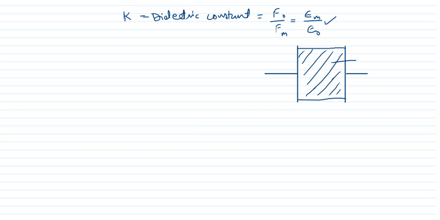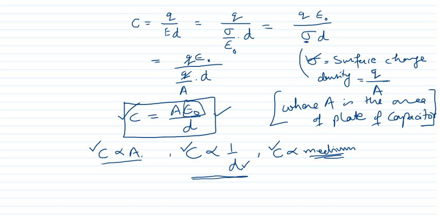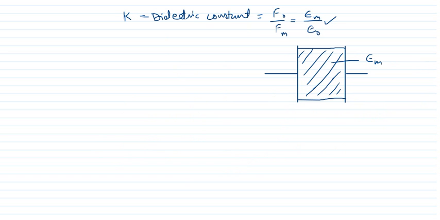And this medium has a permittivity epsilon m. Therefore, using this formula, the capacity will become C is equal to A epsilon medium upon D, because the area is the same, D is the same.